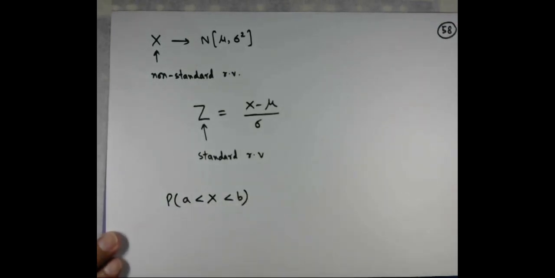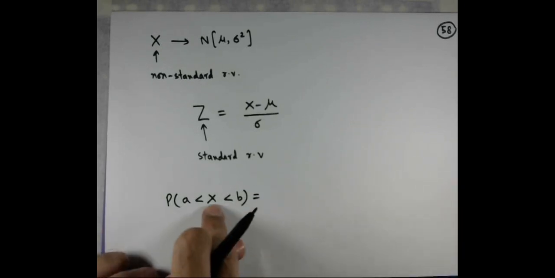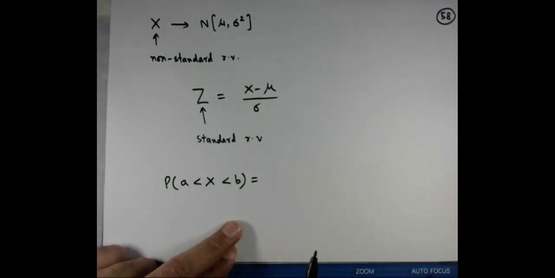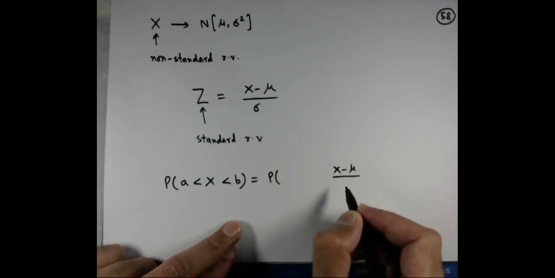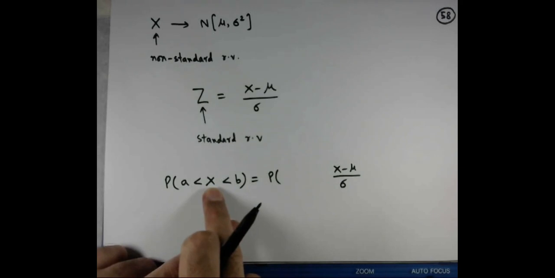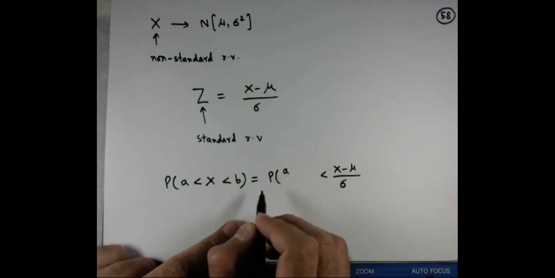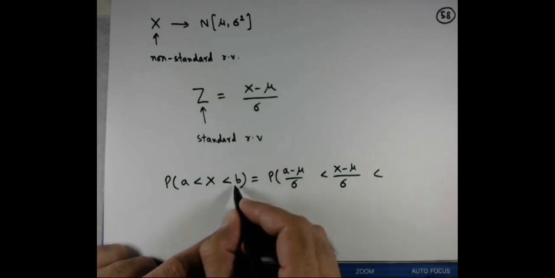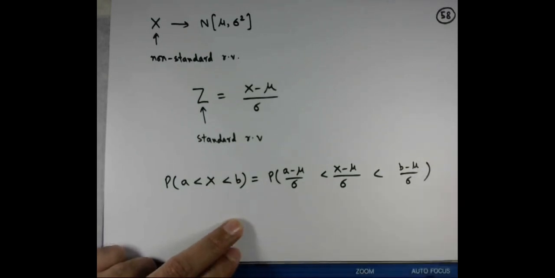Now if you want to find the probability that this non-standard random variable x has its total probability in this interval, you can simply first convert it into a standardized form. Standardized form means the whole range is converted, which means you need to transform the endpoints: a, you subtract the mean and scale with 1 over sigma, and similarly the other endpoint, b minus the mean over sigma.